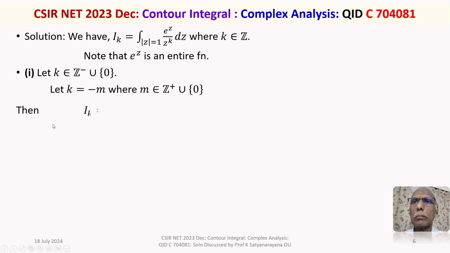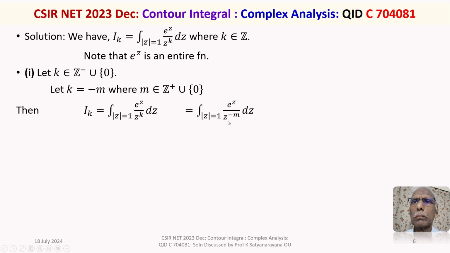Now I_k is equal to the integral taken round |z| = 1 of e^z by z^k with respect to z, which equals the integral taken round |z| = 1 of e^z by z^(-m) dz.